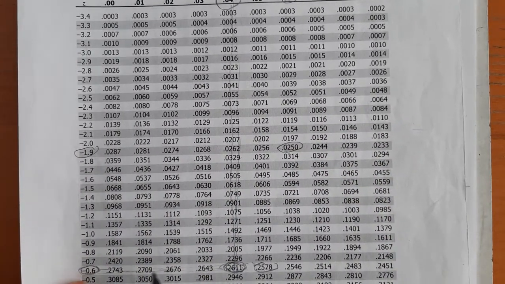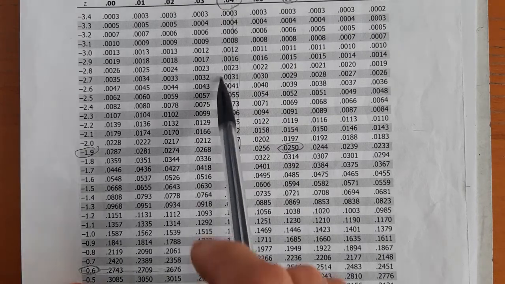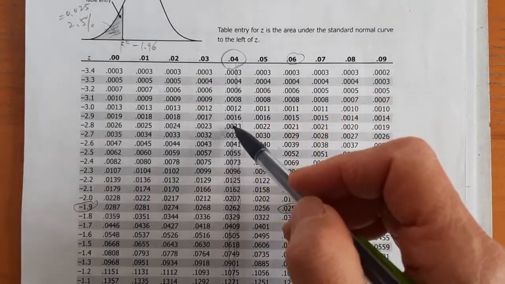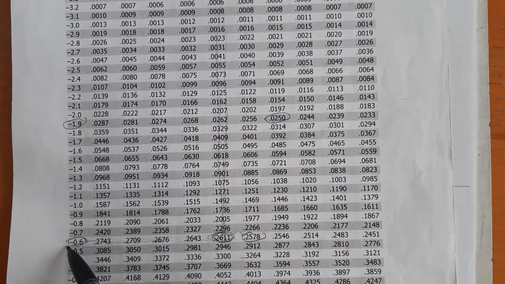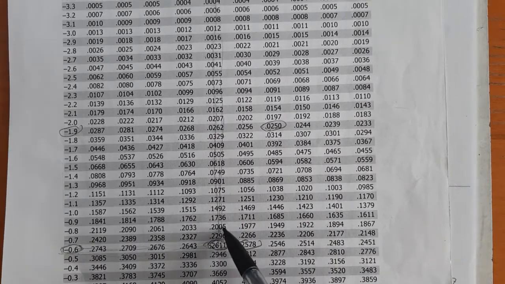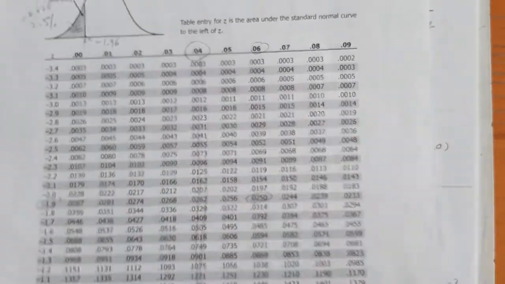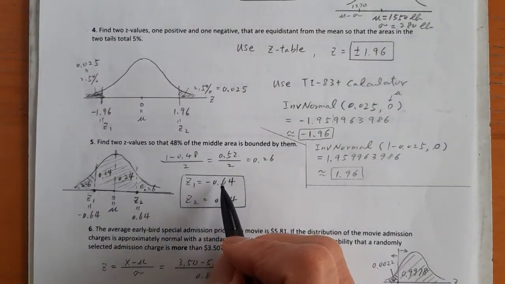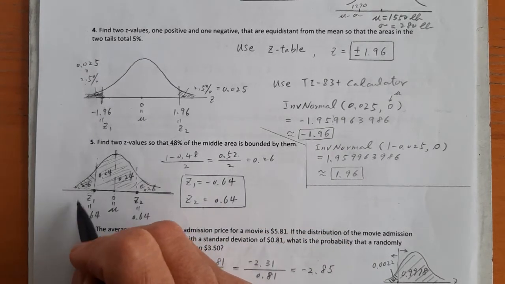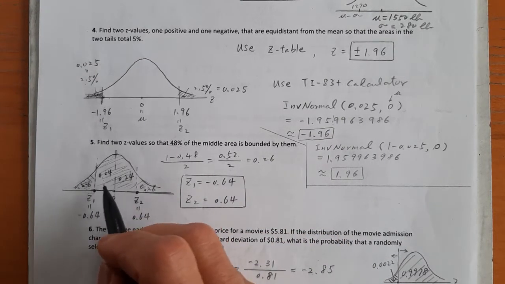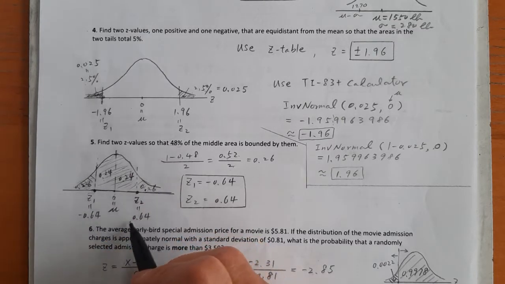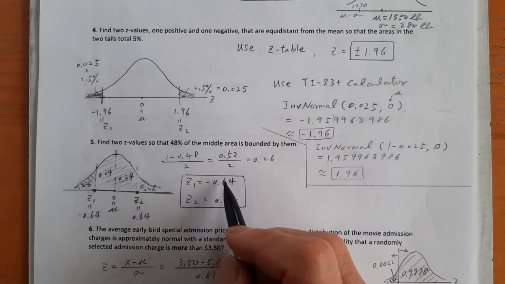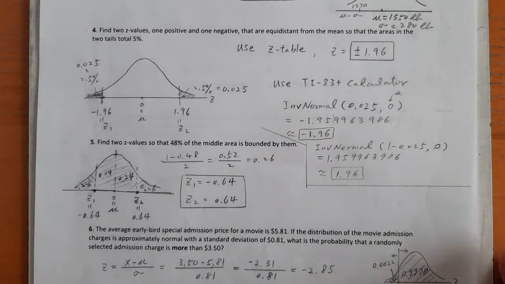So negative 0.60 plus 0.04 gives negative 0.64, and that is this point, z1. Since it's symmetric, this side to the left is negative and to the right is positive 0.64. So those are the two z-scores.